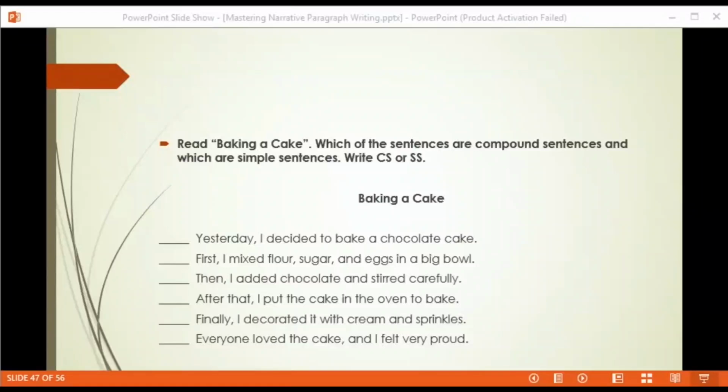It is ordered. Yes, Shazia. Thank you. The last one is the compound one. Why is it the compound one? Why do you think the last one, everyone loved the cake and I felt very proud?